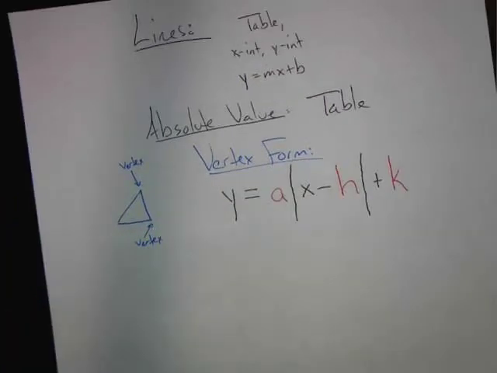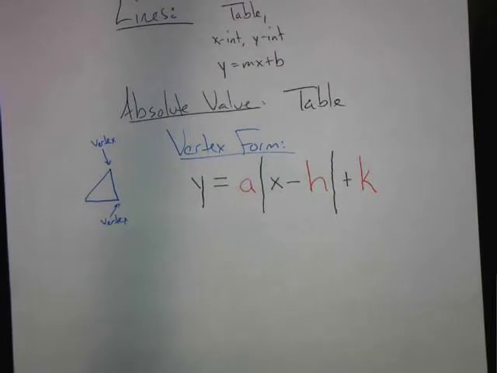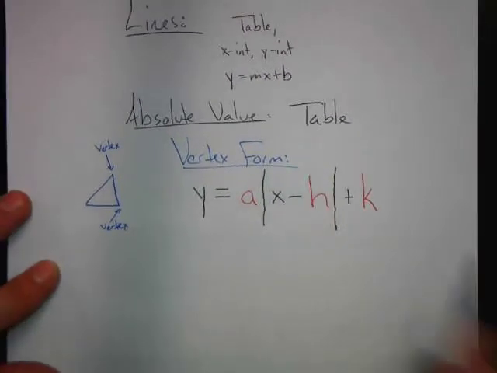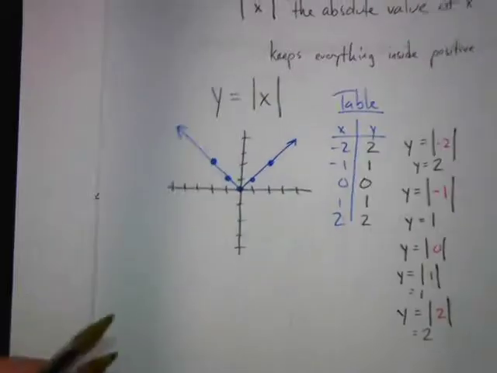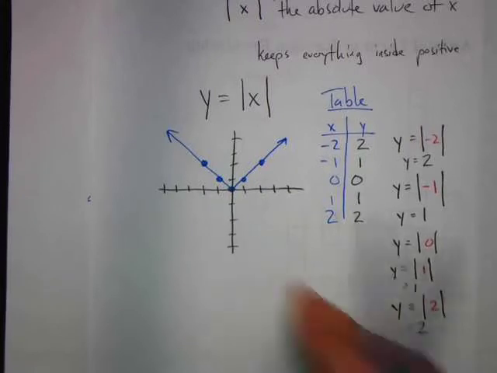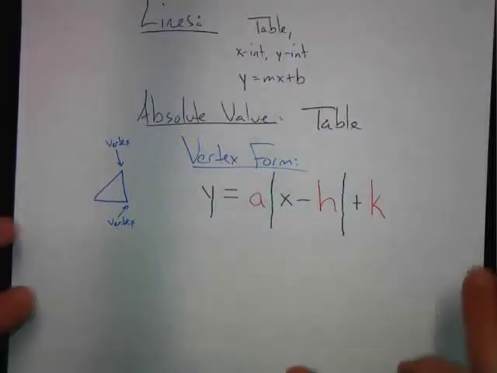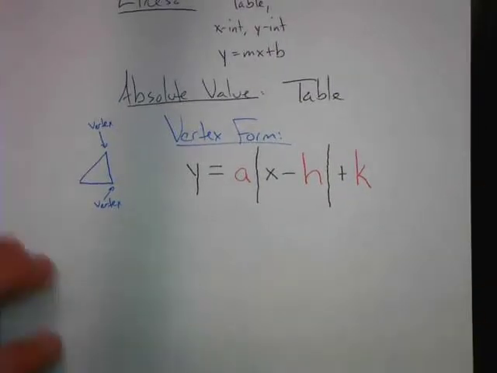And so, when you're talking about what is a vertex, we have to know, well, the vertex is that pointy part of the graph. And guess what? If we're dealing with absolute value functions, remember what our graphs look like. Hey, there's a pointy part of the graph. That's the vertex. Okay, so that pointy part is the vertex.